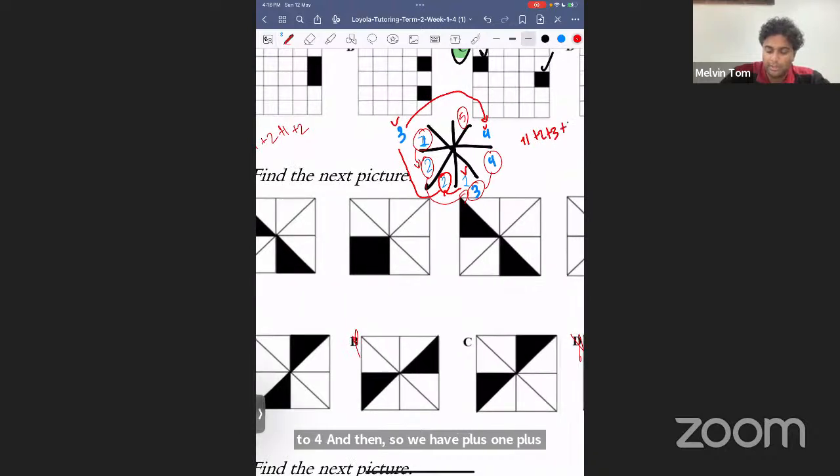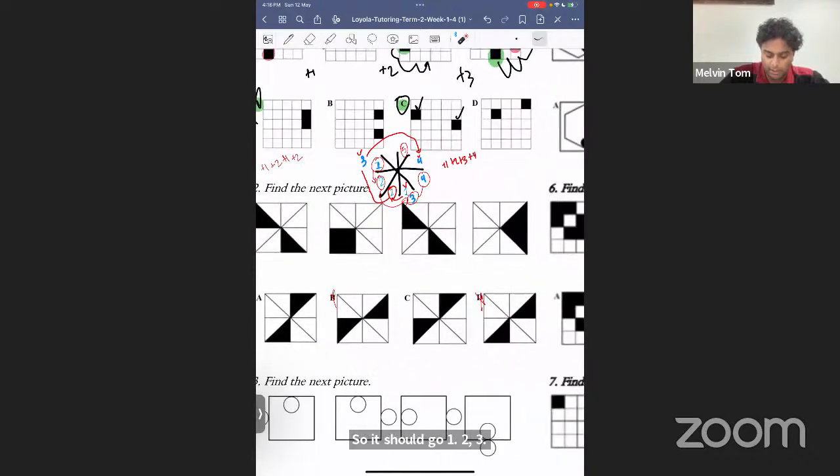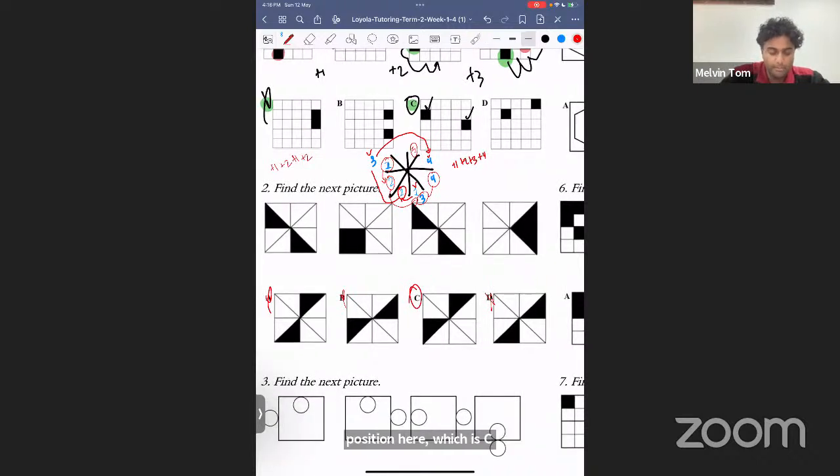Next one should be plus 4. So it should go 1, 2, 3, 4, so it should be in this position here, which is C. If you have any questions, send it in the chat.